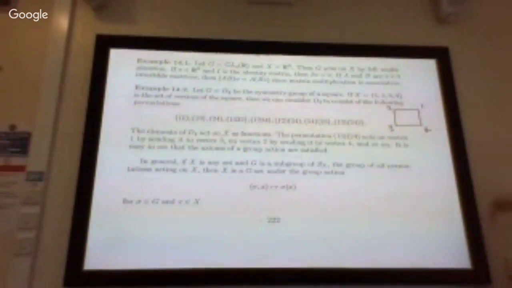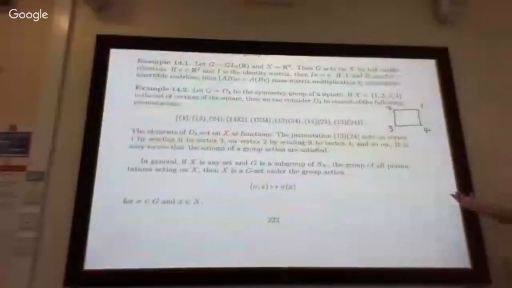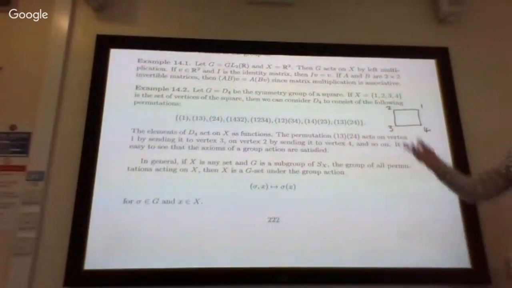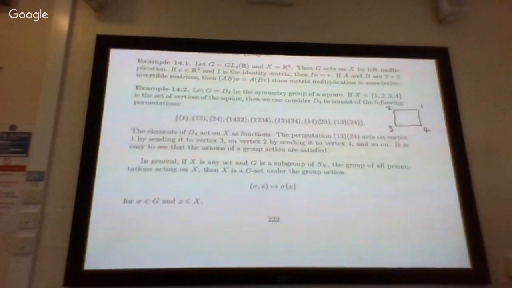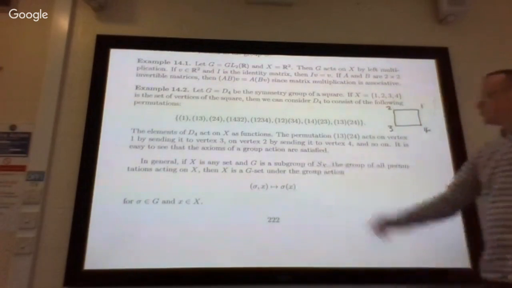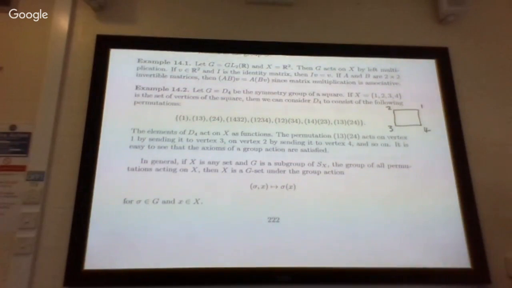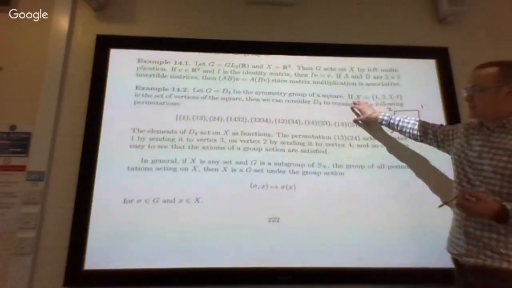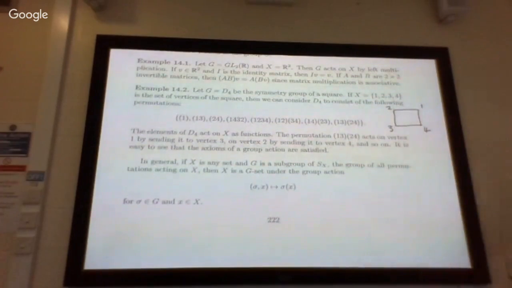The second property really naturally comes up. It's just associativity of function application to arguments, very much like the previous example. Yeah, so this is just noting that in general, final paragraph here, in general, if X is any set and G is a subgroup of the group of all permutations on that set, so this is a case in this example here, so this is the generalization of that.